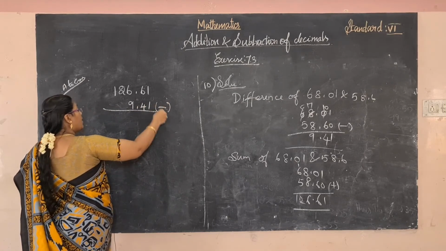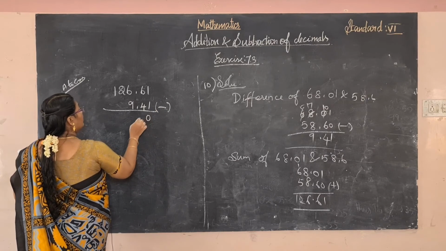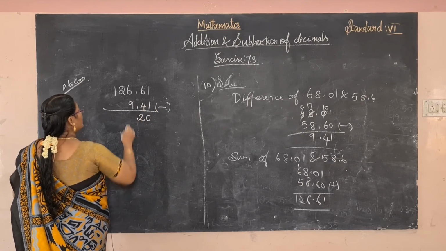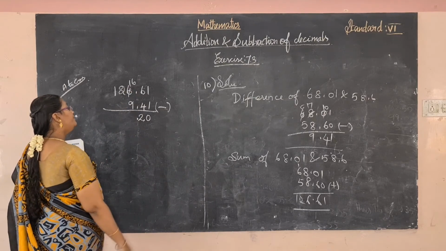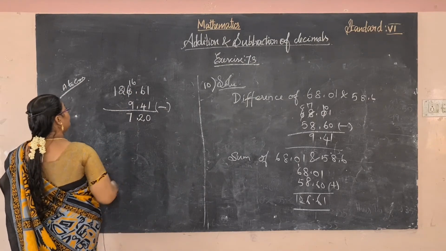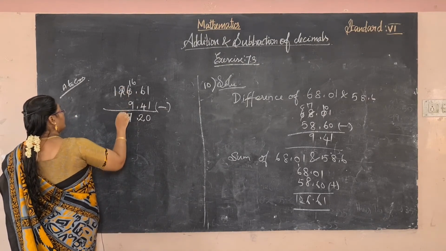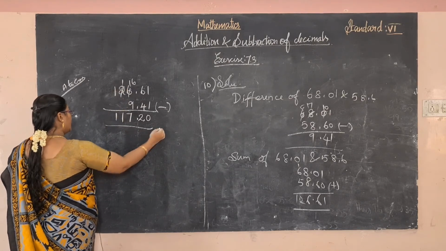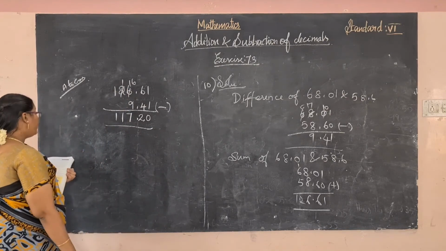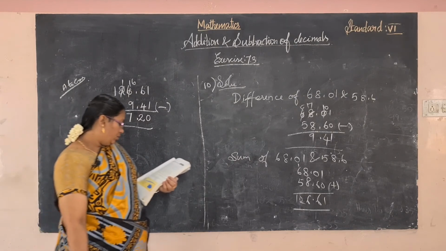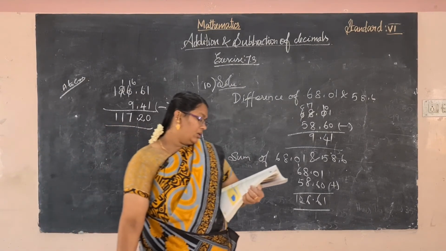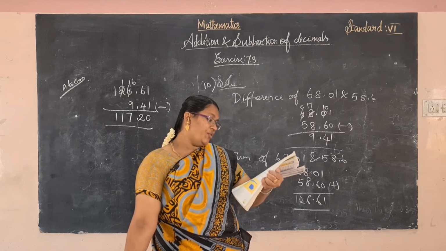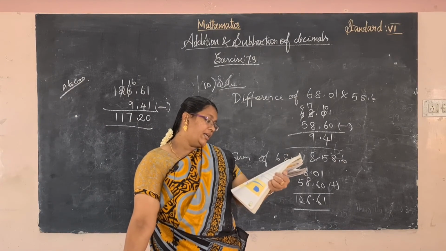Which operation? Subtraction. So 0, 2 is not possible. 16. Okay. 7. So 111.20. That's it.